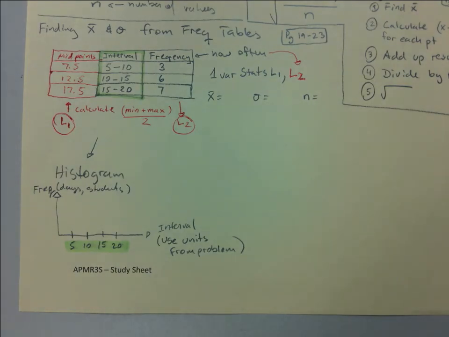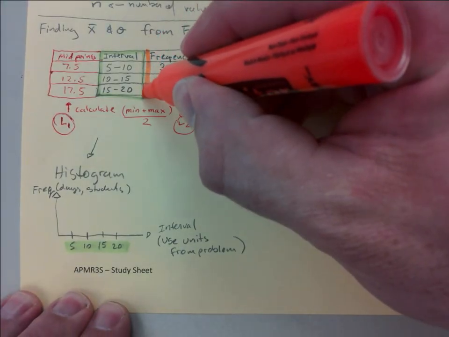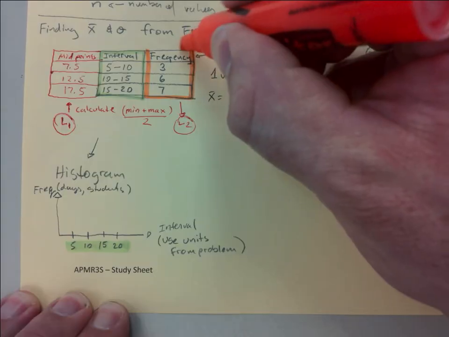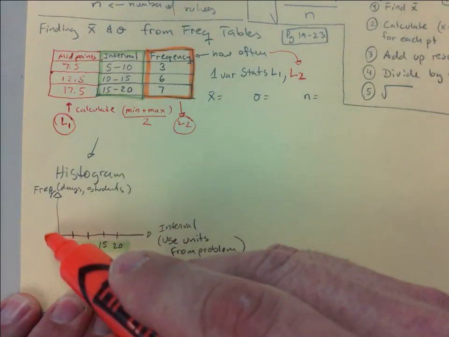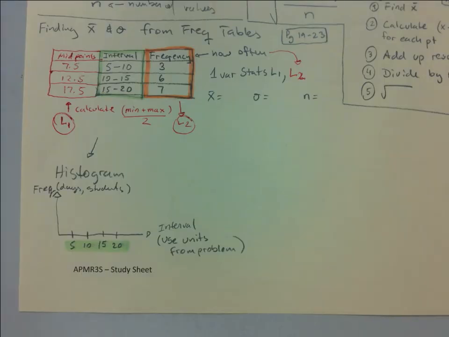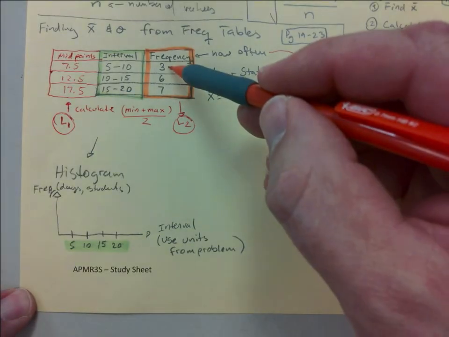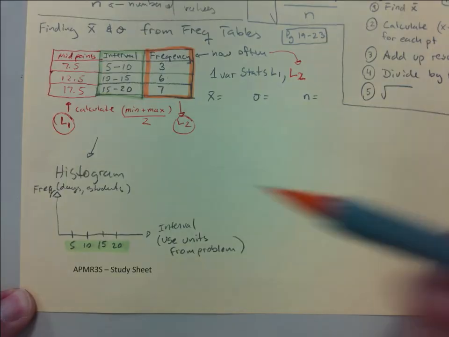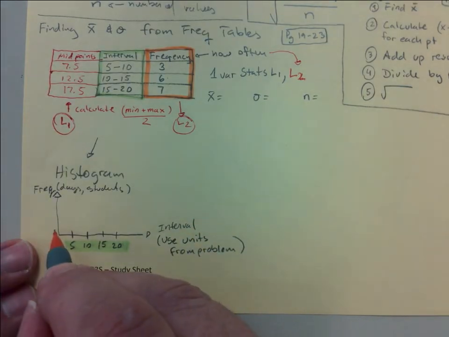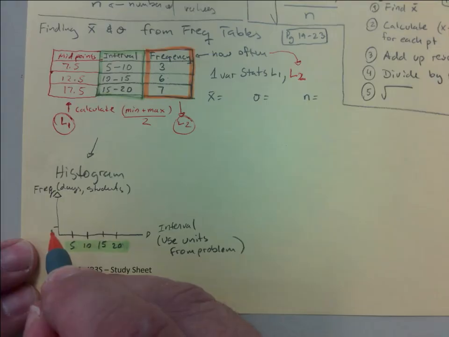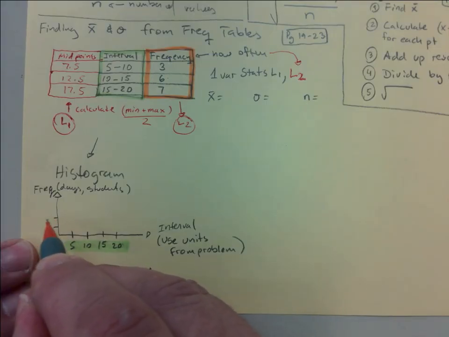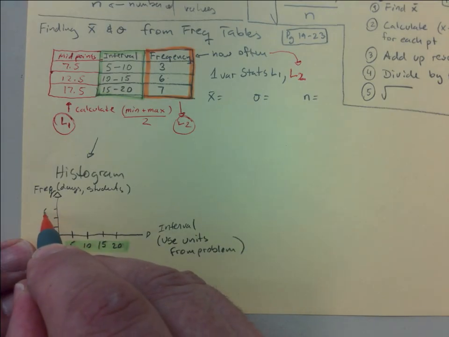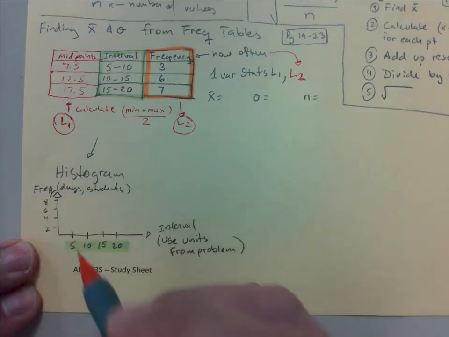And the frequency goes down the y-axis. So in this case, we go 3, 6, 7, right? So we're going to go 2, 4, 6, 8, let's say.